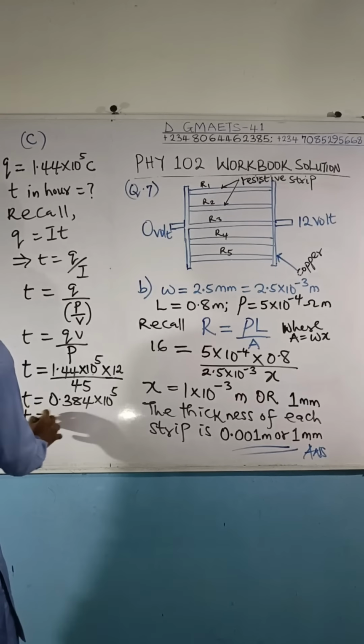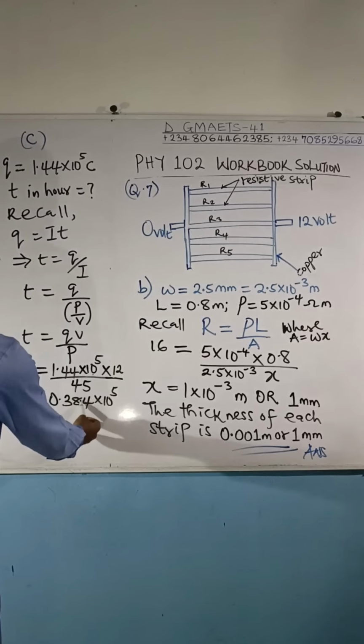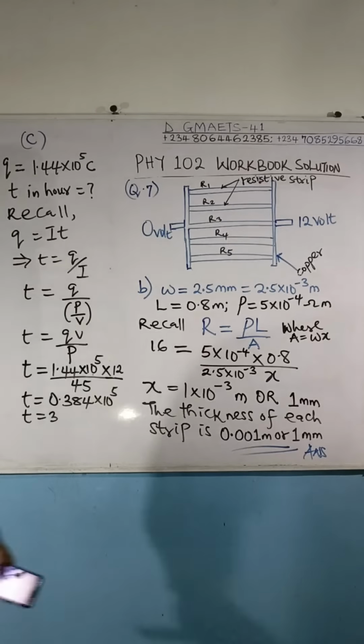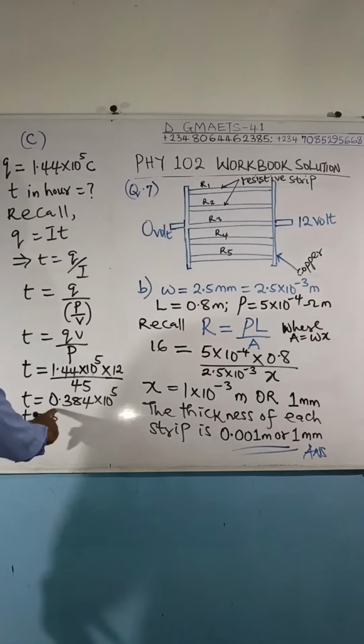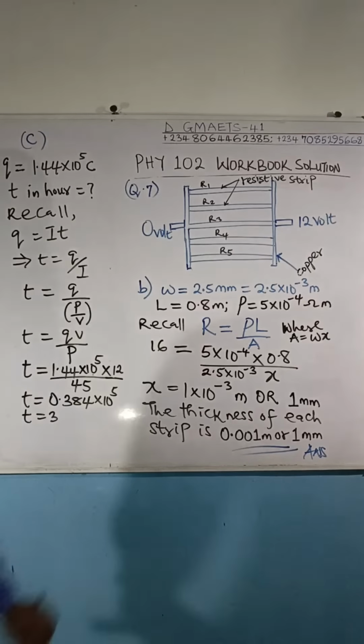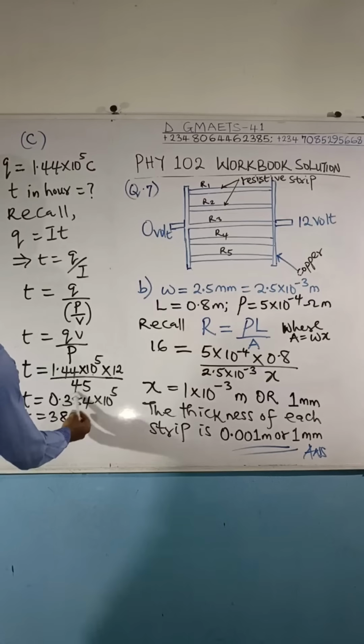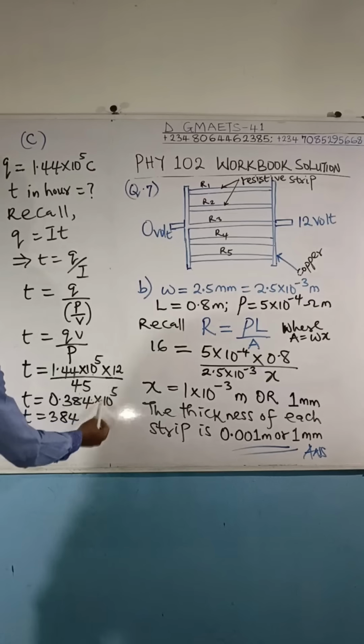Let's convert it to a whole number and see. 0.384 times 10 to the power of 5 is the same as 384 followed by zeros. Move the point 5 times: 1, 2, 3, 4, and 5.